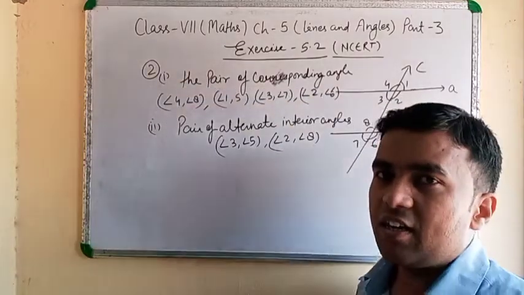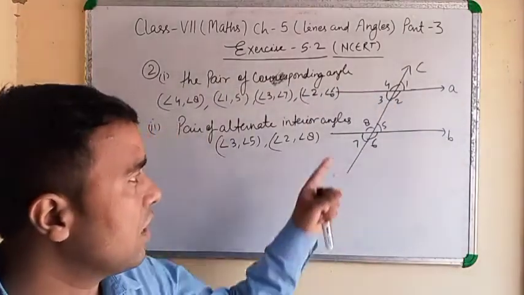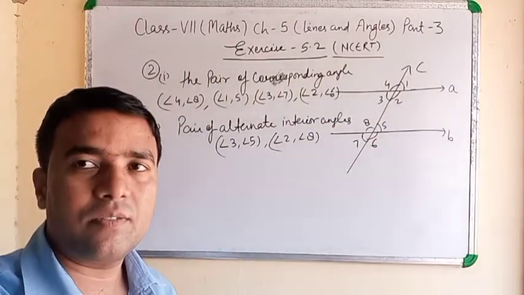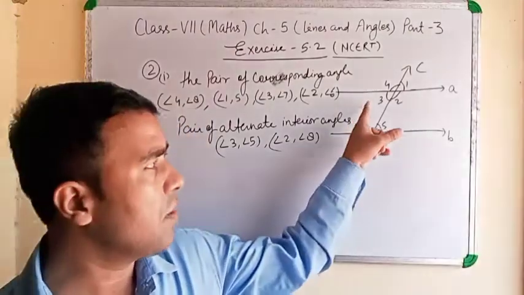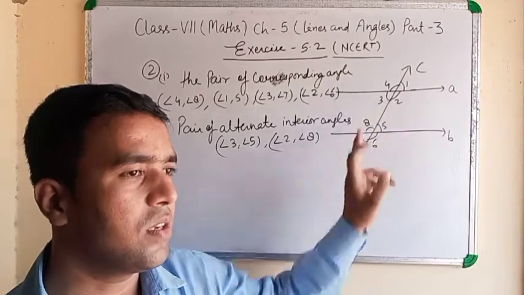The word alternate is there. Alternate means angle 2 and angle 8, it is alternate interior angle. Angle 3 and angle 5, it is alternate. Alternate means opposite sides of the transversal. Clear?